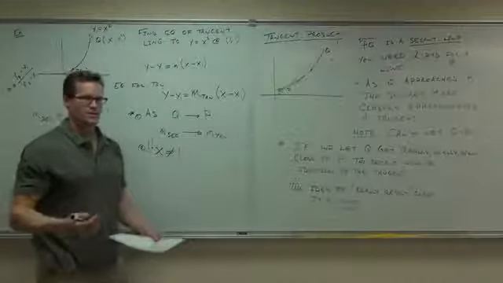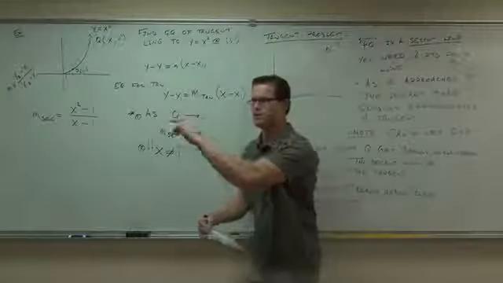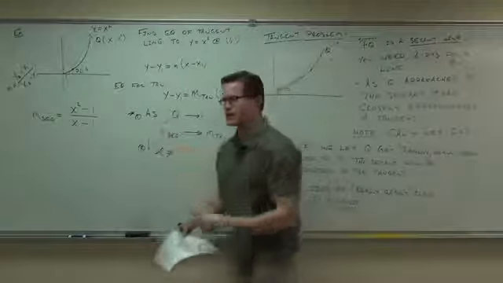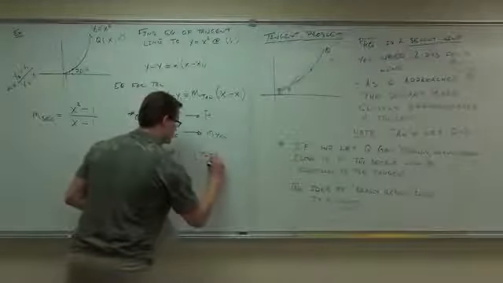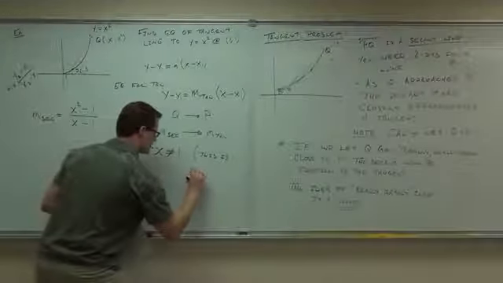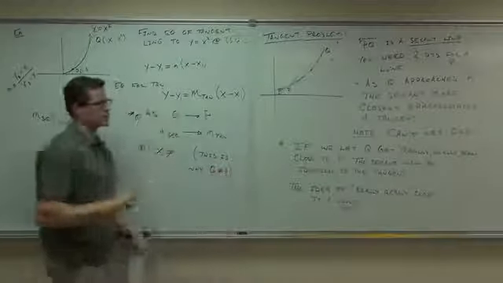You can't let x equal 1. This is why we can't let Q equal P, because we only have 1 point, right? You can't find the slope. It fails. It's undefined at that point.